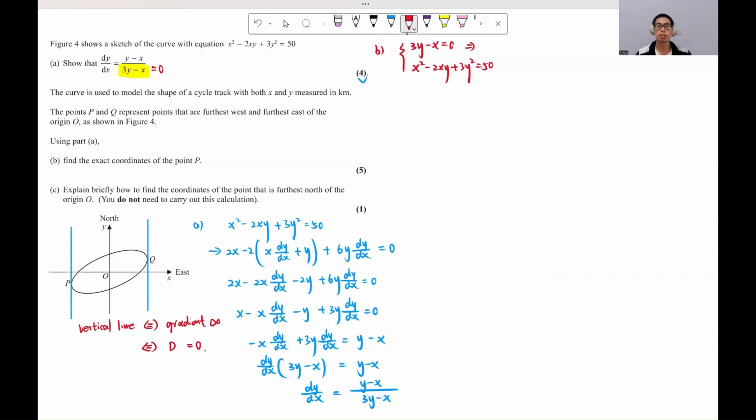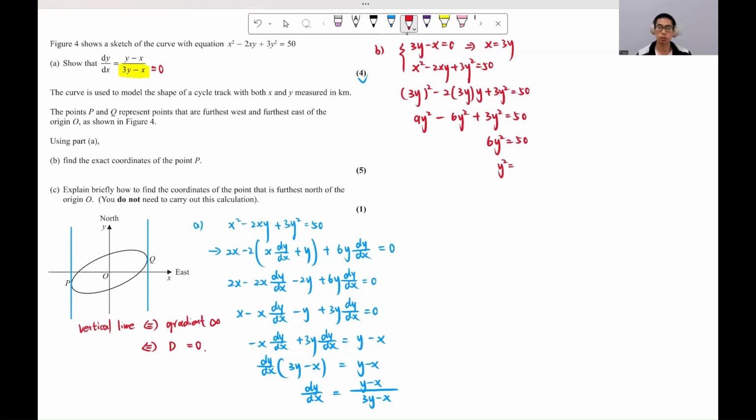To rearrange this, that would be x equal to 3y, and then we substitute in. So that would be (3y) squared minus 2 times x, which is 3y, times y, plus 3y squared equal to 50. So that will be 9y squared minus 6y squared plus 3y squared equal to 50. So 9 minus 6 is 3, plus another 3, that will be 6. So 6y squared equal to 50.